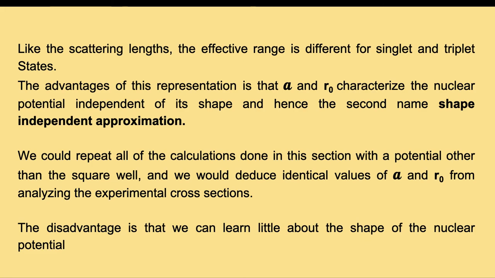We could repeat all the calculations done in this section with a potential other than the square well, like Gaussian potential or Yukawa potential, whatever it may be. And we would deduce identical values of A and R0 from analyzing the experimental cross sections. We are getting the same values. The disadvantage is that we can learn little about the shape of the nuclear potential. If you are using A and R0, you will not be able to know the nature of your potential. That you can do only with other methods.